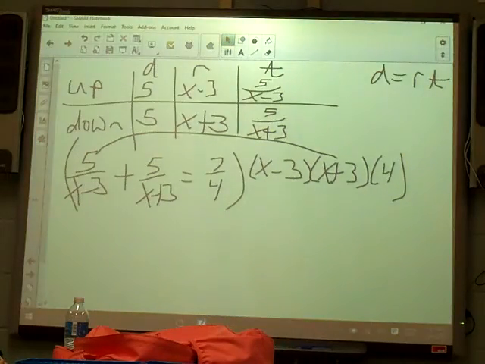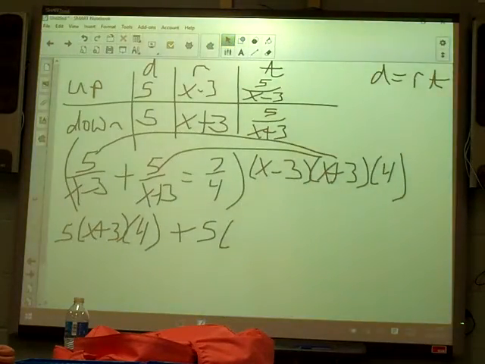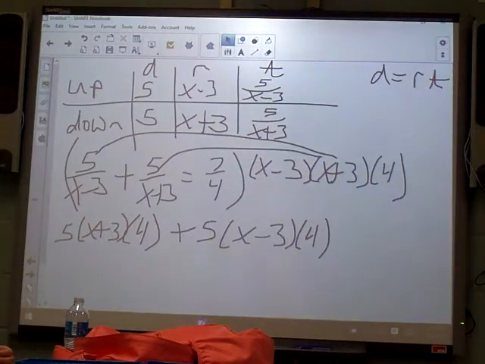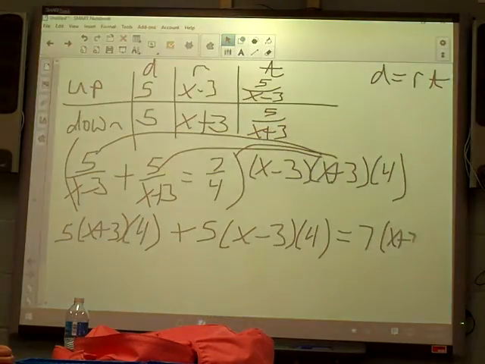So this first 5 had the x minus 3, so I don't worry about it, but it gets the x plus 3 and the 4. Okay, the second 5 had the x plus 3, so I don't worry about it, but it needs the x minus 3 and the 4. And then the 7, it only lost the 4, so it gets the x plus 3 and the x minus 3.